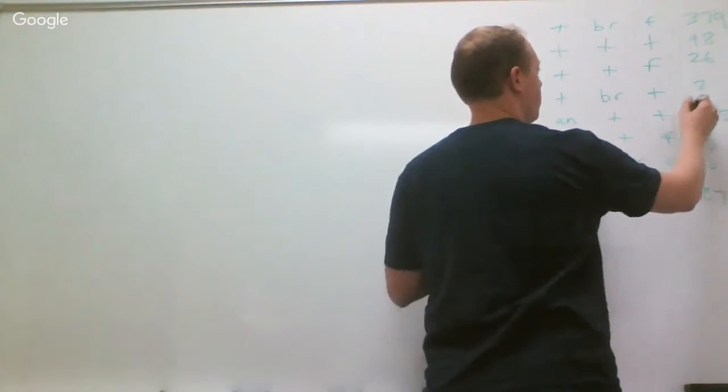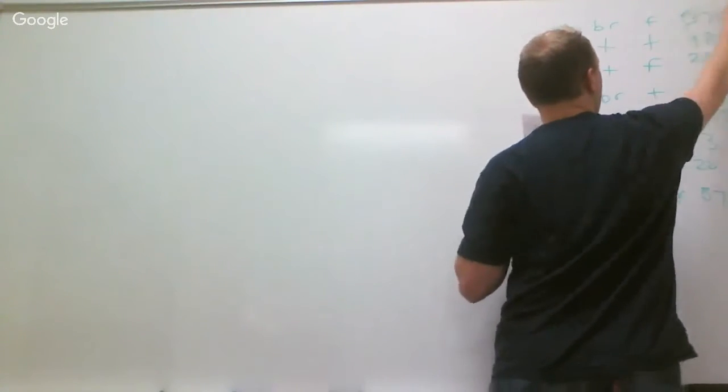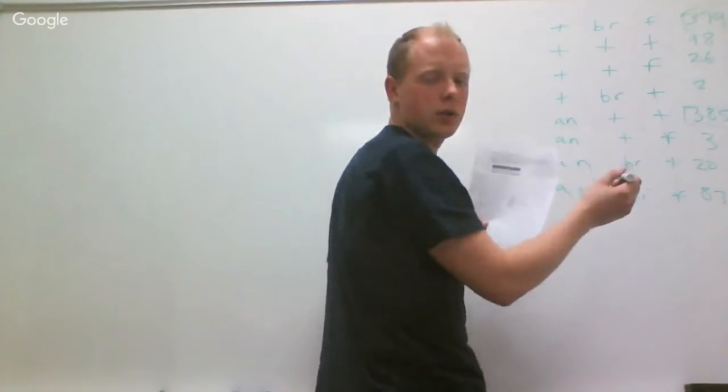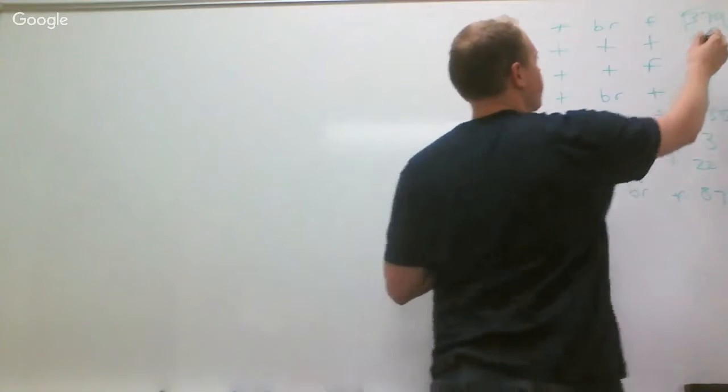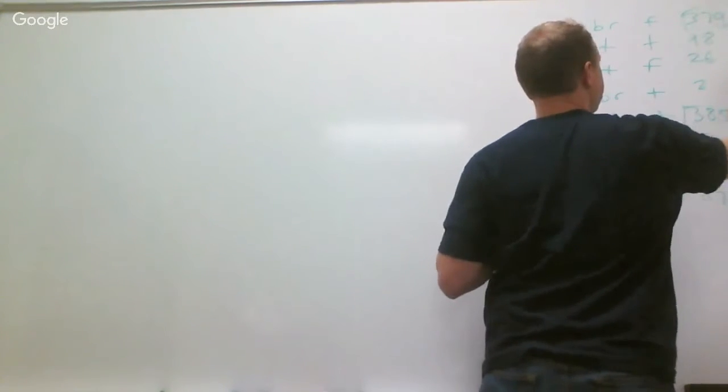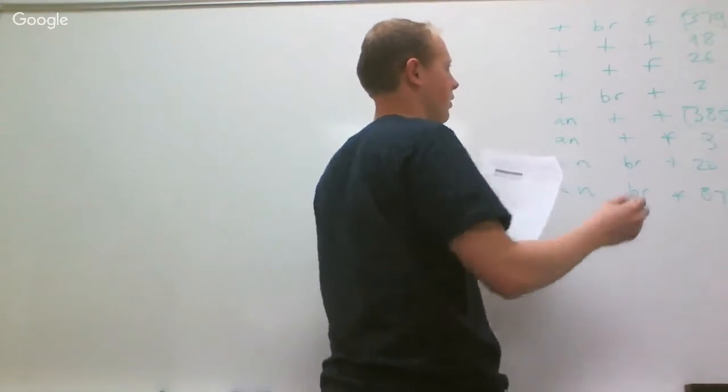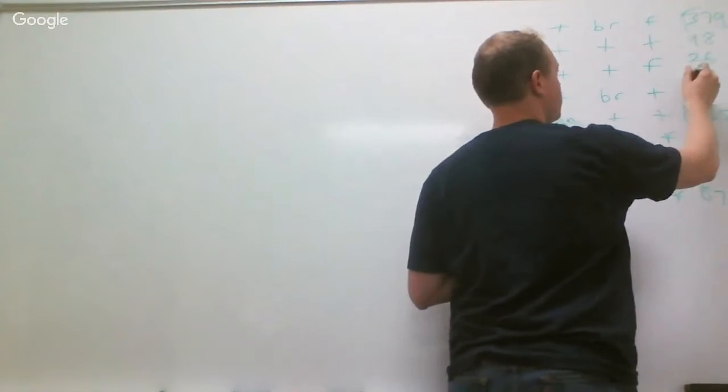So the parental, once again, will be the ones that are most frequent. And the double crossovers will be the least frequent.